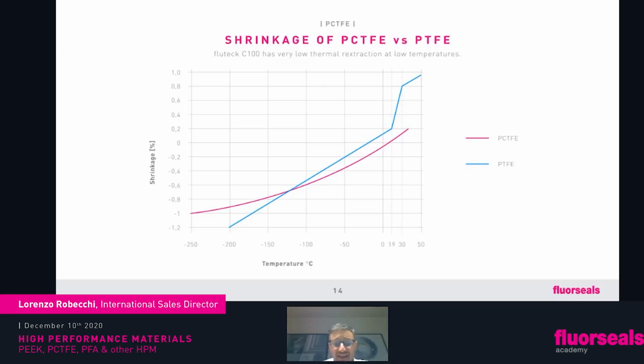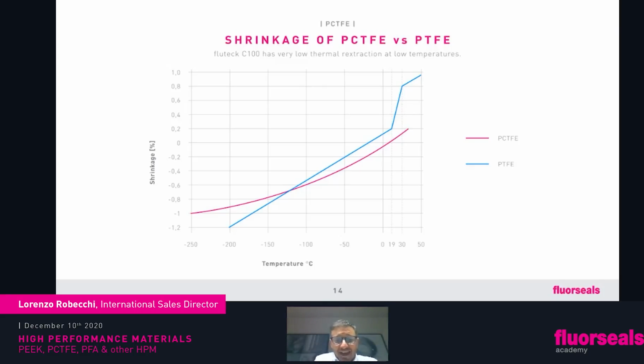What it means is you have a change from 30 to minus 200 of 2%. Just think of your seal, which is 100 millimeters. What happens at minus 200? 98. I don't see many drawings which allow a 2 millimeter change on 100 millimeters, honestly. I don't see drawings which allow 2%, but that's what happens.